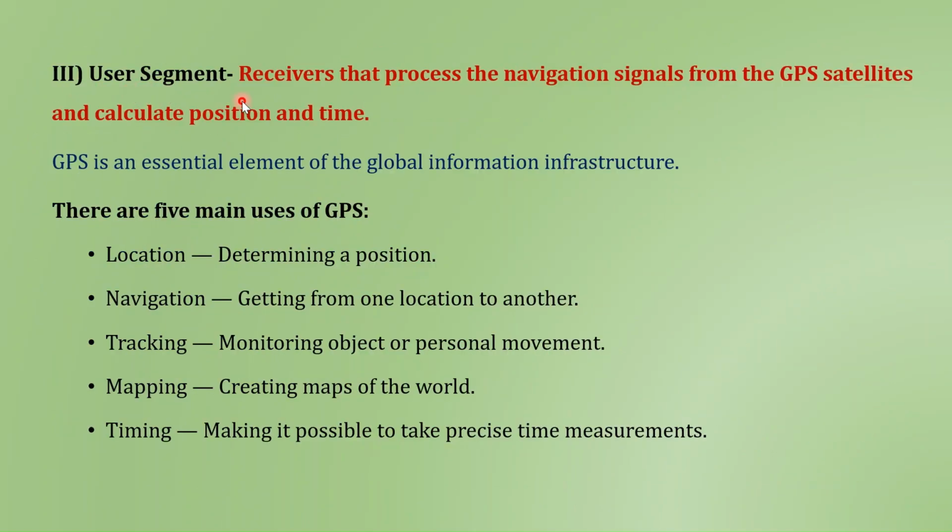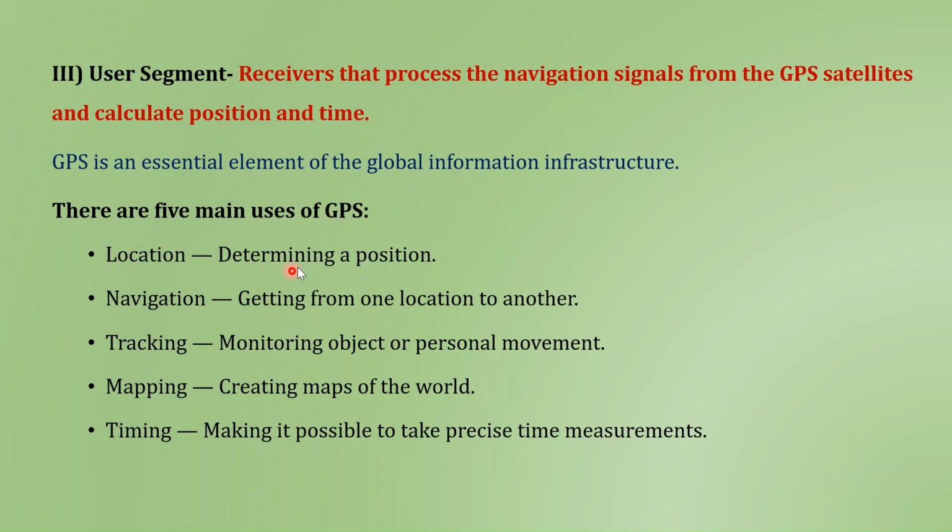And last is the user segment, which includes the receivers that process the navigation signal from the GPS satellite and calculate the position and time. In today's world, GPS is an essential element of the global information infrastructure, and there are five main uses of the GPS.